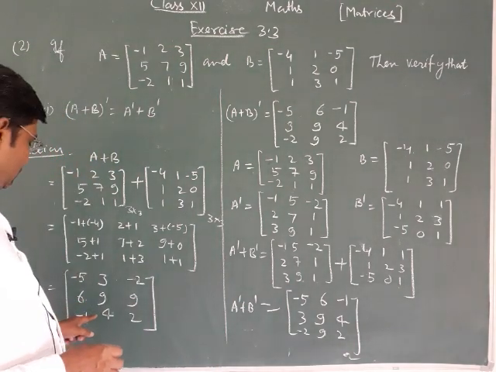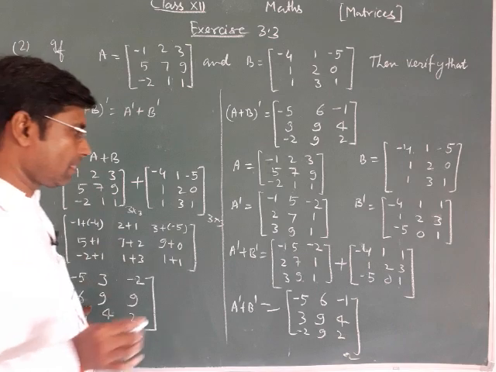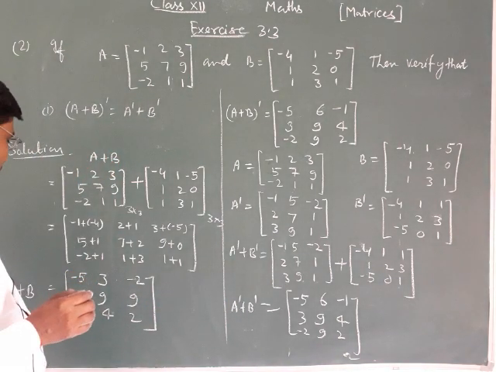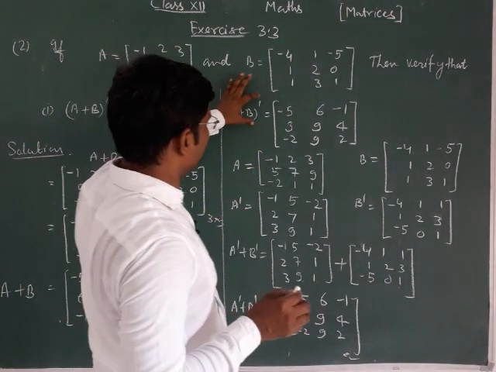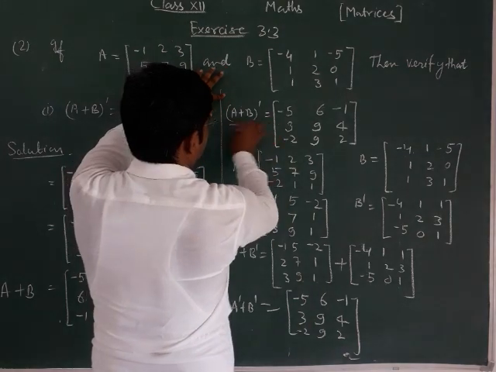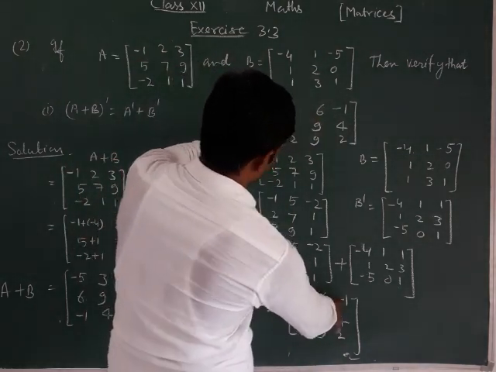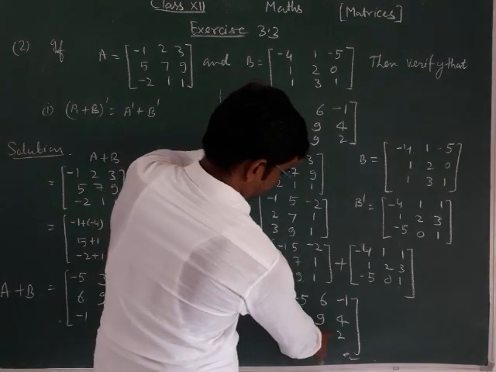So now, the complement of A, so minus 5, 6, minus 1 and 3, 9, 4 and minus 2, 9, 2.